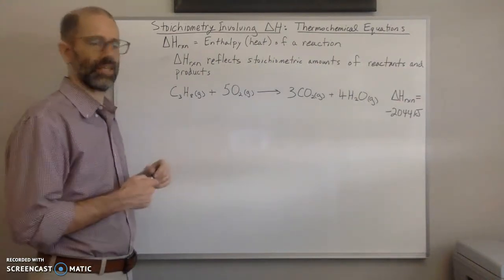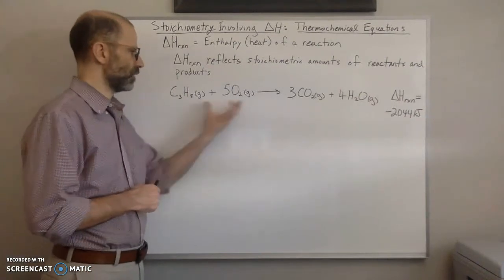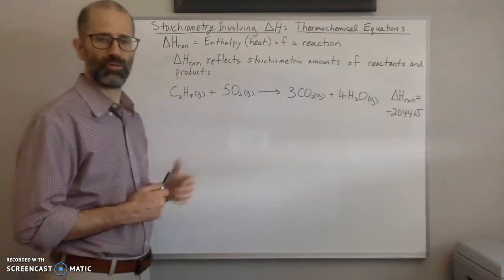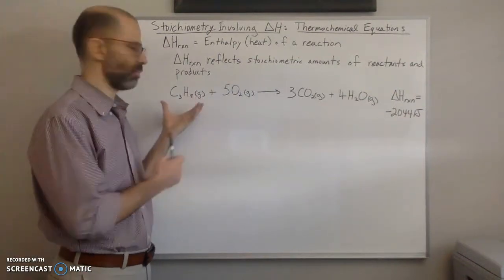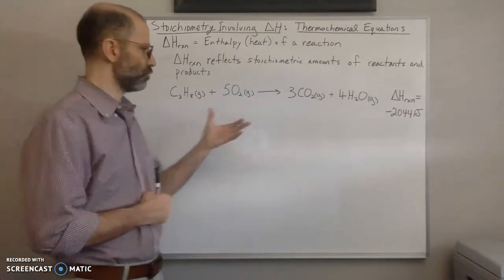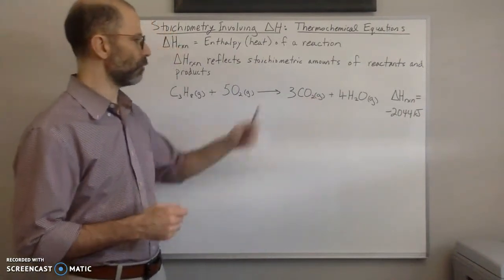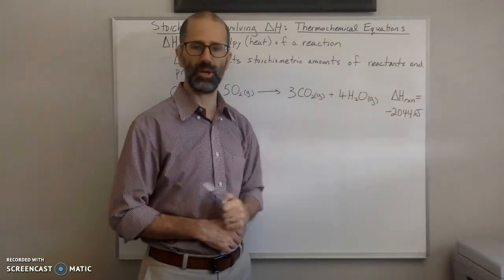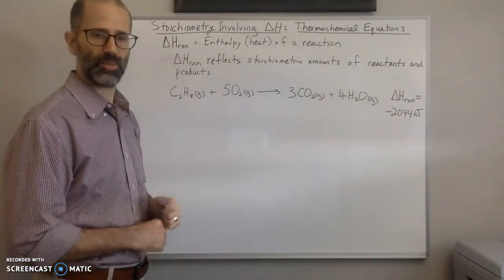So you're using the relative amounts of products and reactants to solve a problem. So you can go from a certain amount of reactant to a certain amount of product. But now we can use the delta H of the reaction, the enthalpy or heat of the reaction, as well.